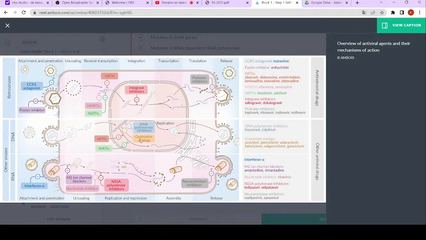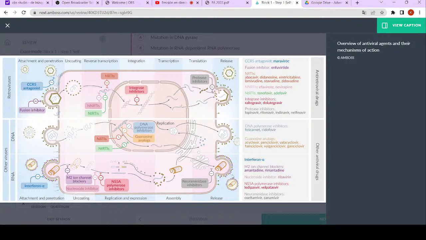Well, this is actually a good overview of the antiviral agents and their mechanism of action. So we have this sketch. I really recommend you to review this sketch because you will see the retroviruses and the other viruses that you have to know, whether the virus is RNA or DNA, and where the drugs work.